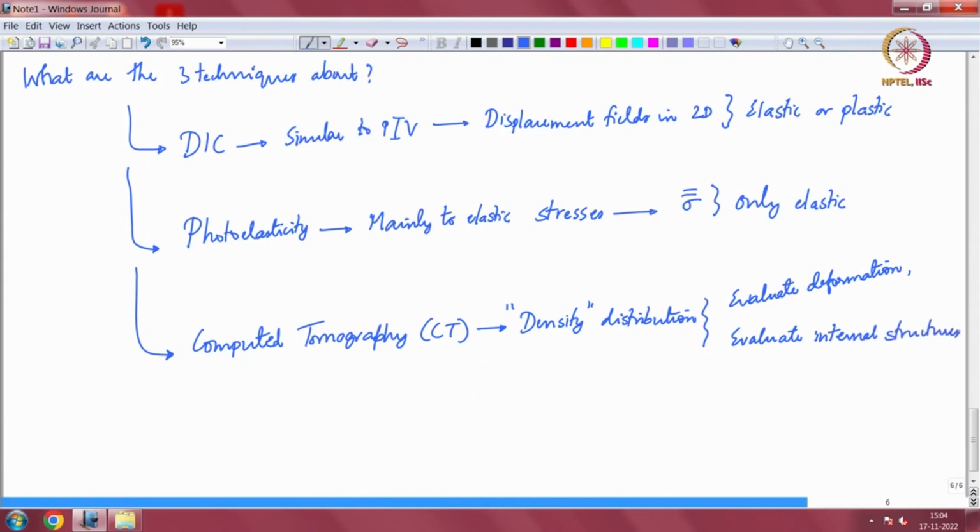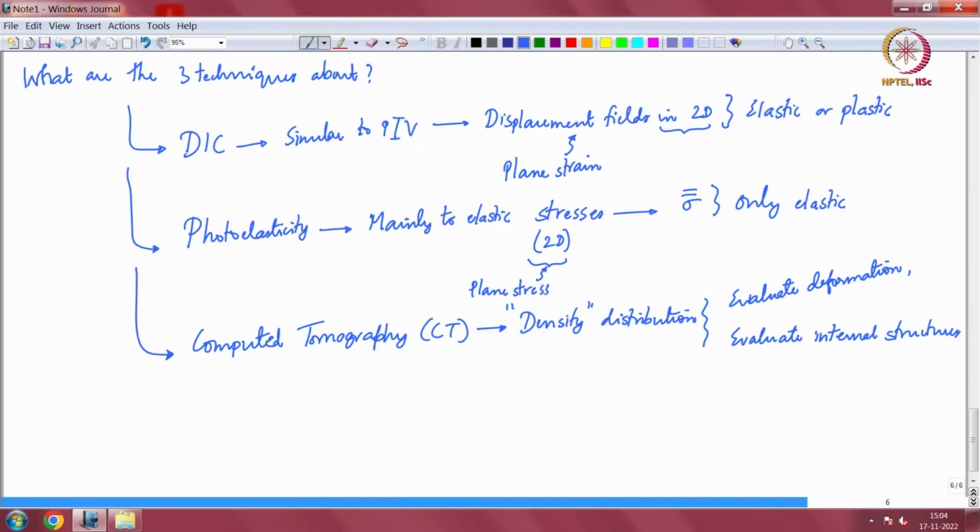Okay. Now, another thing I should mention perhaps in this context is that I have written the word 2D here and I have now just added the word 2D here. Both DIC and photoelasticity are predominantly 2-dimensional techniques. So here you have what is called a plane strain problem, and here, prototypically, again not critical, you have something called a plane stress problem.